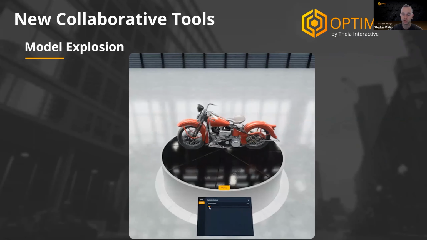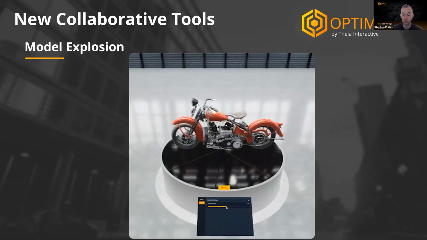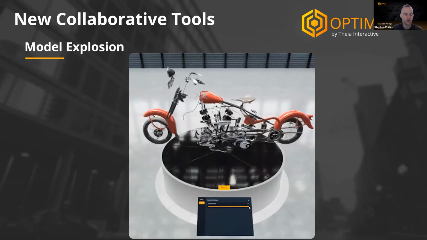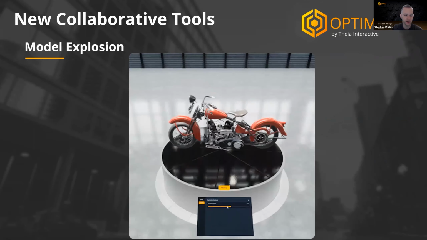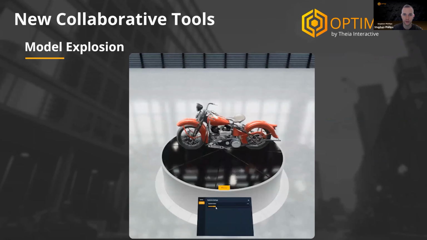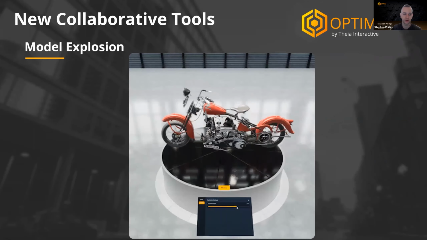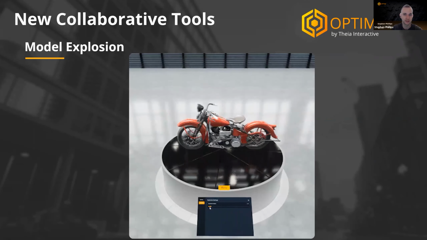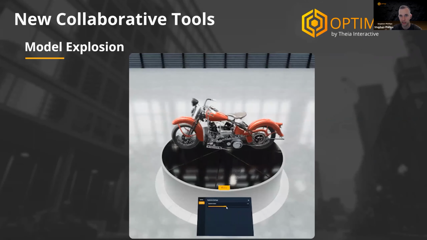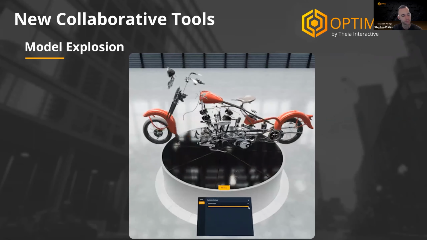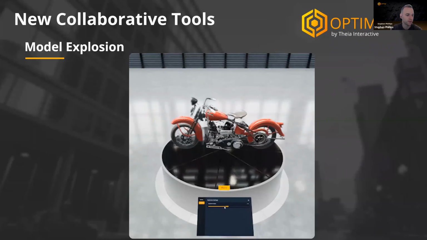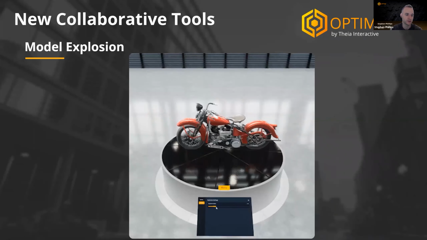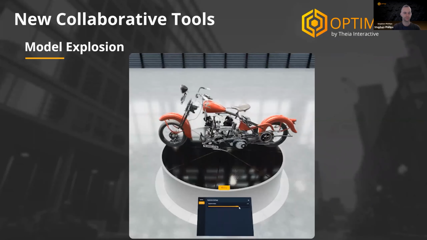You can do it from within the editor for just previewing or reviewing purposes, or you can bake it right into the application so that users can explode their own objects. It can explode in all directions, or it can explode on just one axis. Like this bike is not exploding any objects into the ground, for example. And you get a min and a max distance, and it just handles it itself.